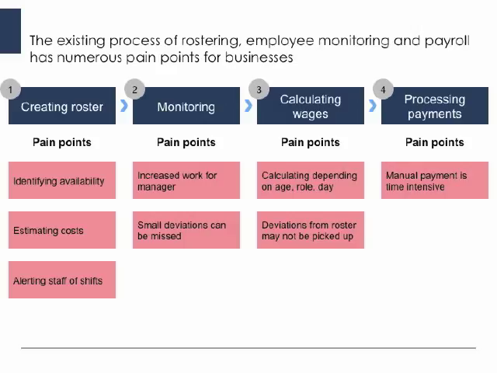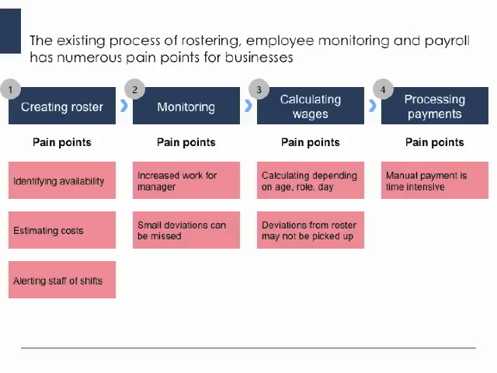In terms of monitoring, with a paper-based timesheet system, it involves increased work for the manager, as she needs to manually make sure that people are arriving on time, and small deviations of 5 or 10 minutes can easily be missed. At the end of the week, in calculating wages, it's difficult to calculate the amount that each person should be paid because it's determined by their age, the hours that they worked, the days on which they worked, and the role which they're performing.